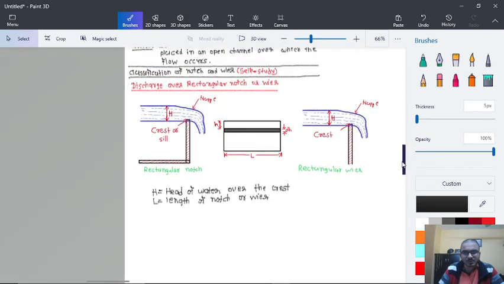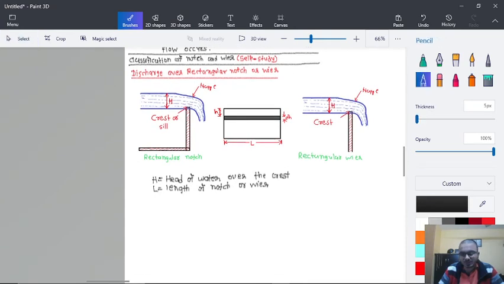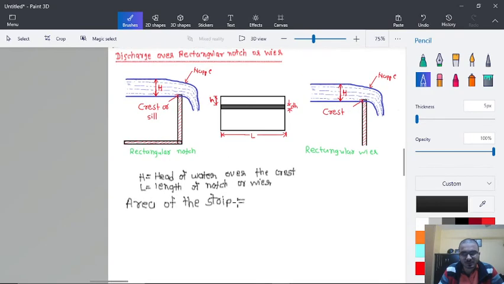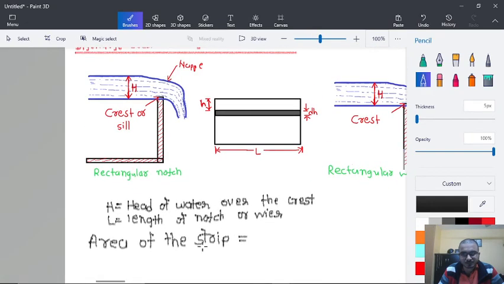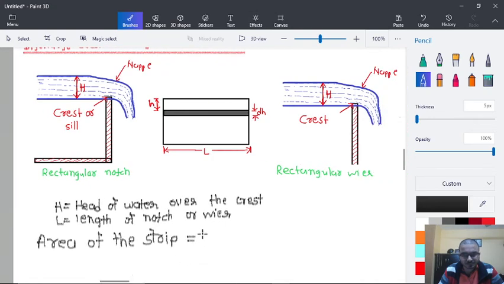Continuing from here, the area of the strip, as is evident from this figure, is equal to L into dH.